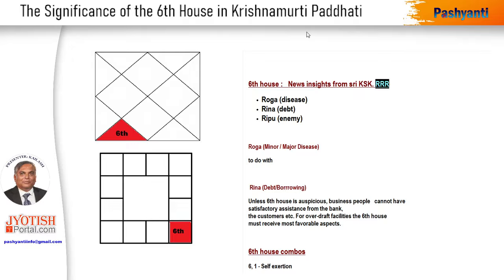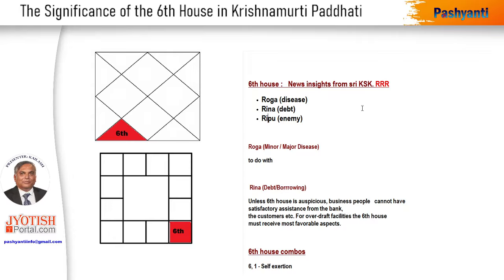One is the rog, that's about the disease, and the second R is for the rin, the debt or the borrowing, and the third is the ripu. The Sanskrit word ripu means the enemy. So rog, rin, and ripu. These three things are denoted by the sixth house.